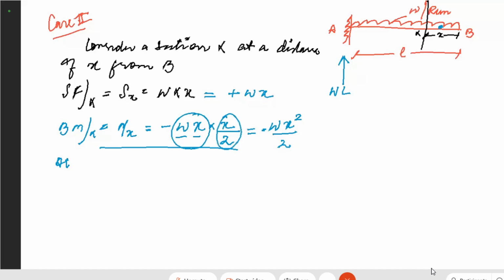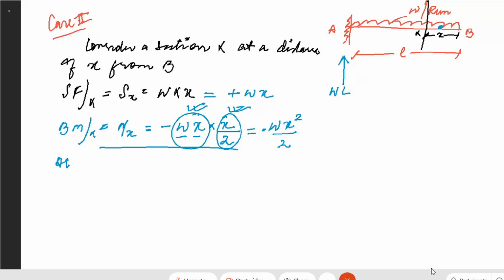How do we calculate bending moment? It is the product of what? The force and the distance from where it actually acts. This is your force and this is the distance. That is, it is minus Wx square by 2. This was not the case when we were analyzing the case of point load or the concentrated load.